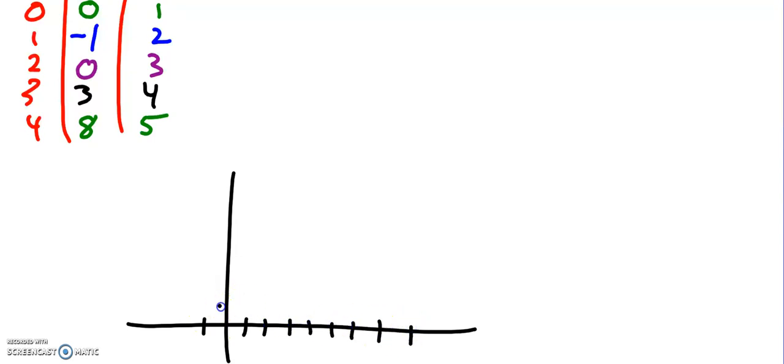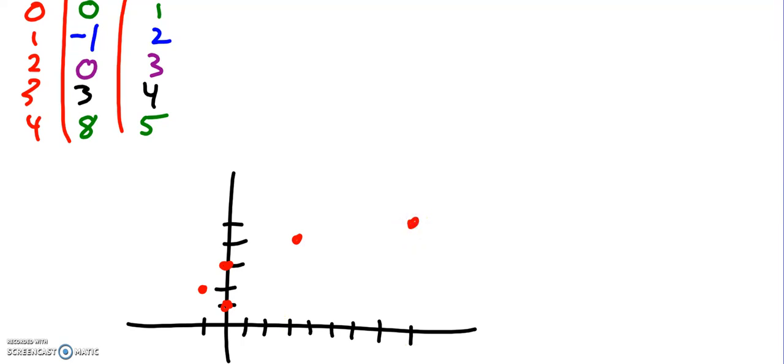And we're going up to 1, 2, 3, 4, 5. So let's plot some points. I know I have the points (0, 1), (-1, 2), (0, 3), and then we go to (3, 4), and then (8, 5).